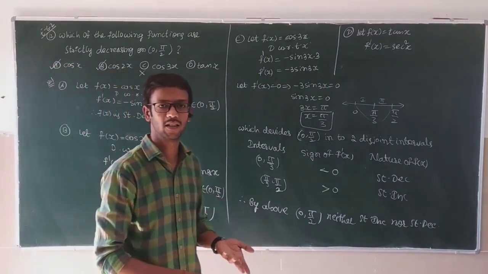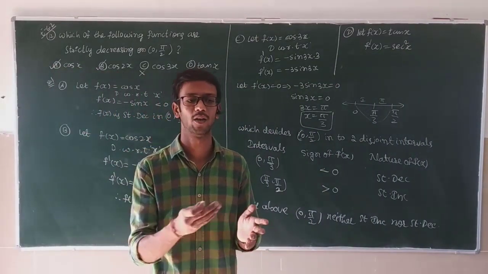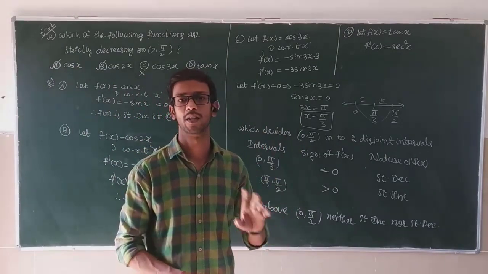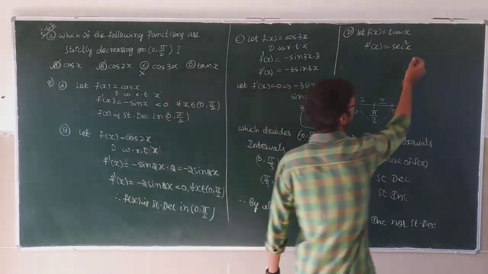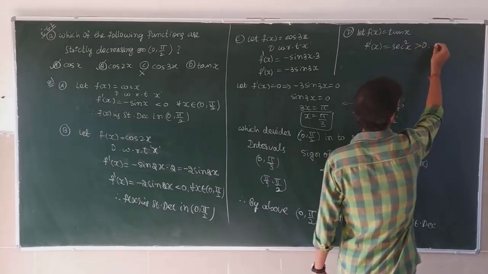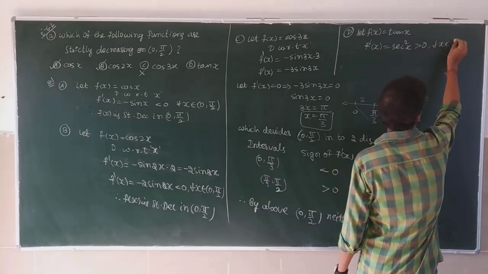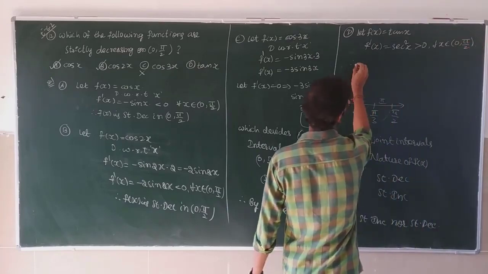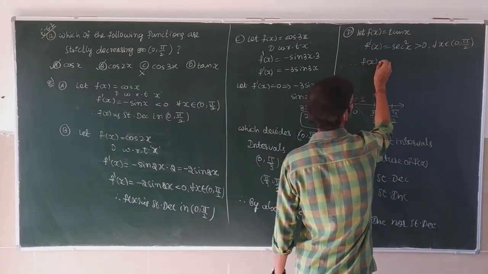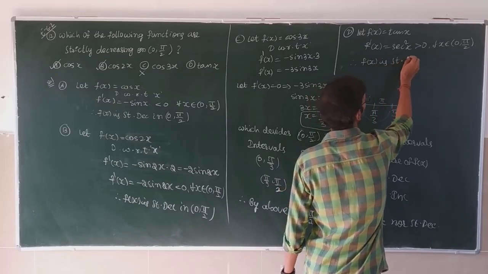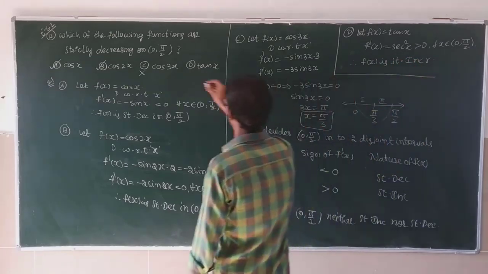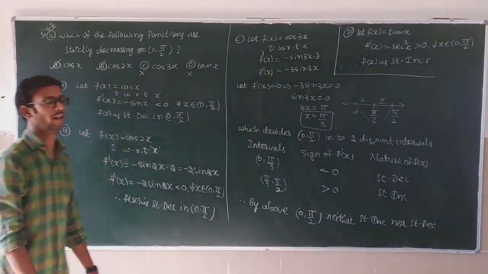Secant x is compulsorily positive. On 0 to pi by 2, every trigonometric ratio is positive, and the square is also positive. So f dash of x is greater than 0 for every x belonging to 0 to pi by 2. Therefore, f of x is strictly increasing. So this is also not satisfied.